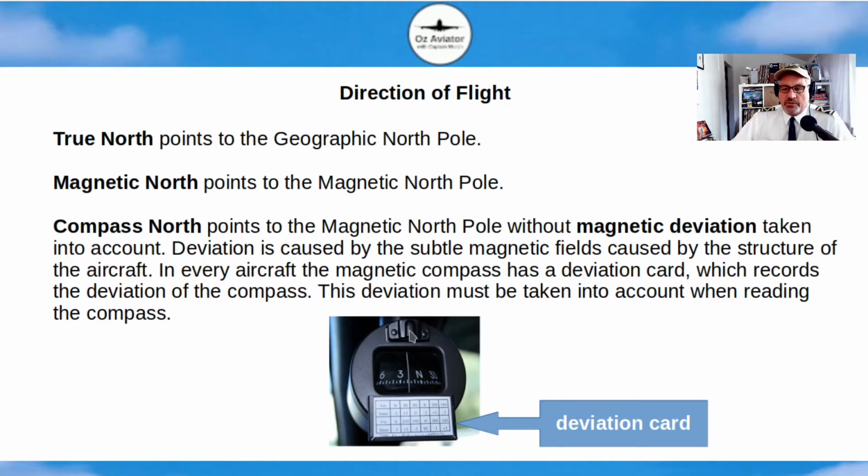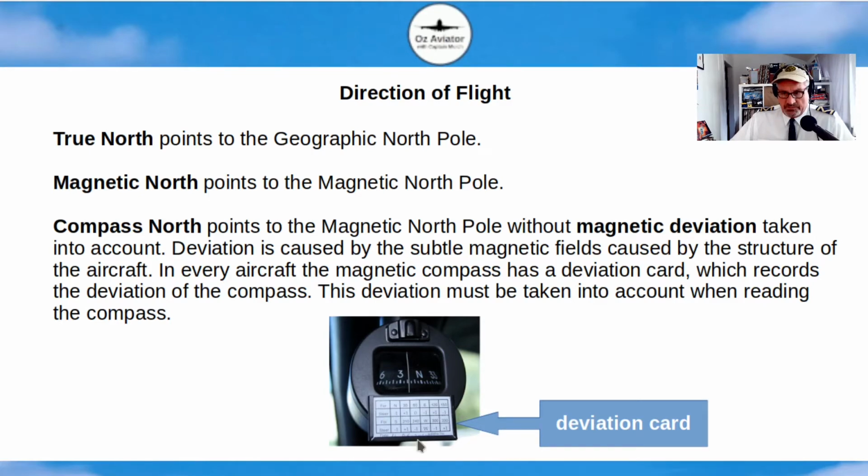Now, what happens with your aircraft is the aircraft engineers take it out and swing it on a compass circle, it's called. It's a point on the airport which is away from other magnetic influences, and they can determine what the magnetic deviation of your compass is.